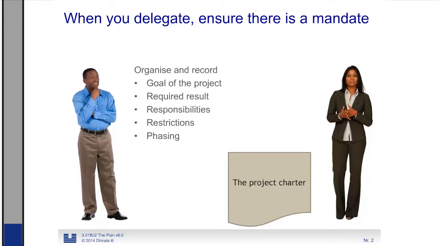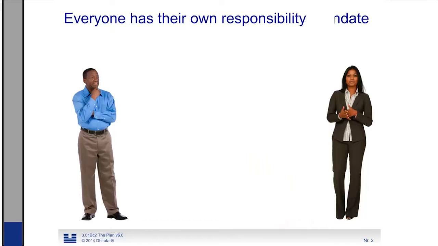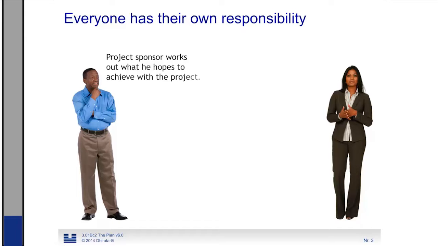First, he is going to make the plan. During this planning stage, both the project sponsor, the executive, and the project manager have their own responsibilities. The project sponsor works out what he hopes to achieve with the project.